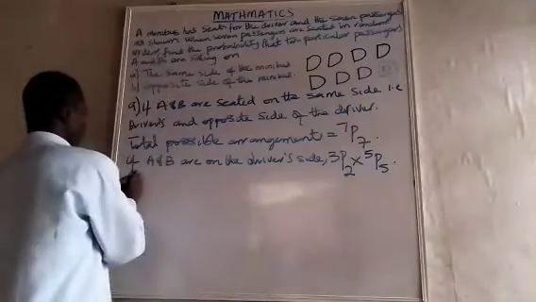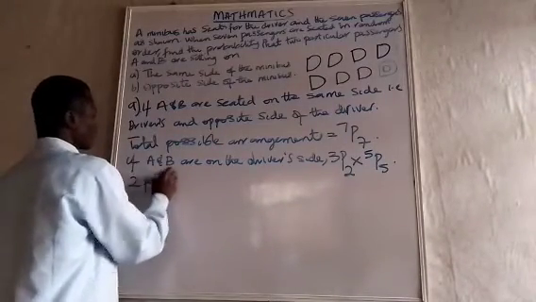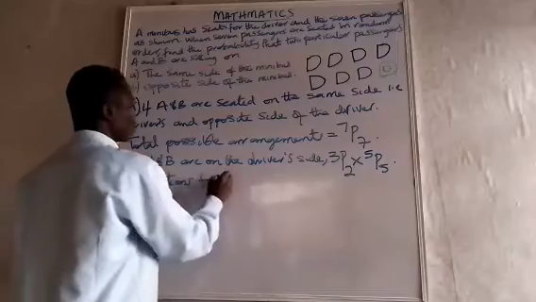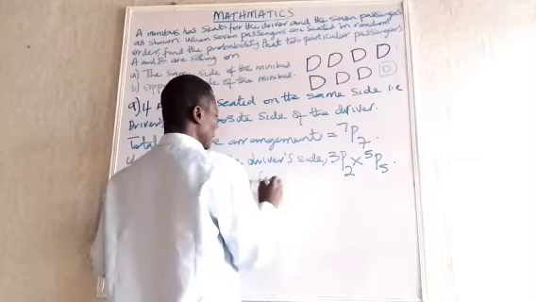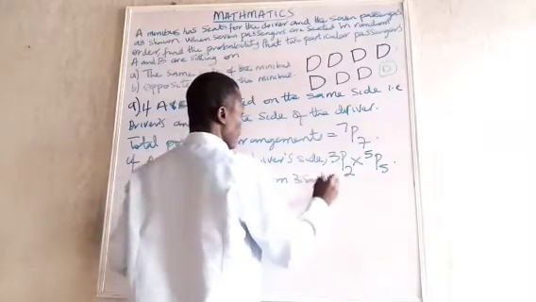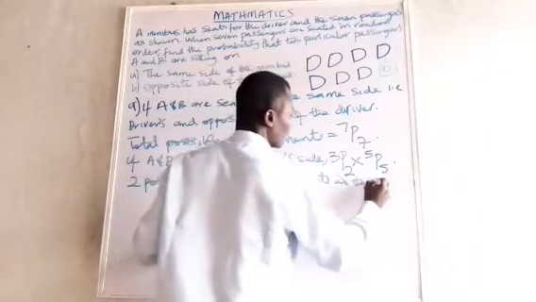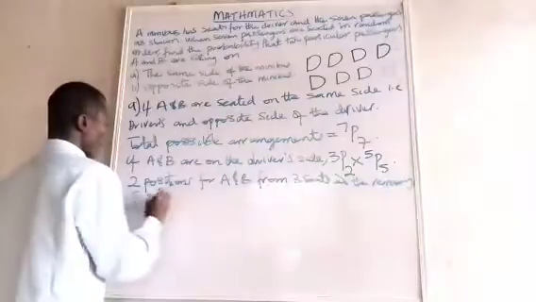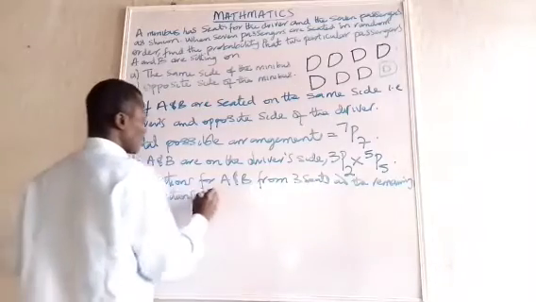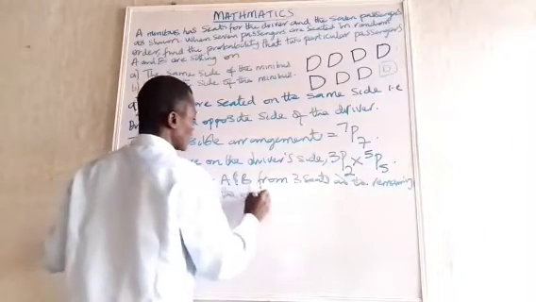That is 2 positions for A and B from the 3 seats, and the remaining 5 positions for the other passengers.